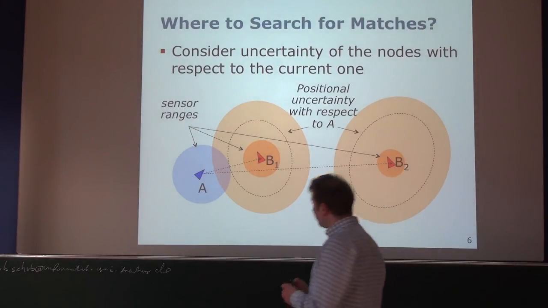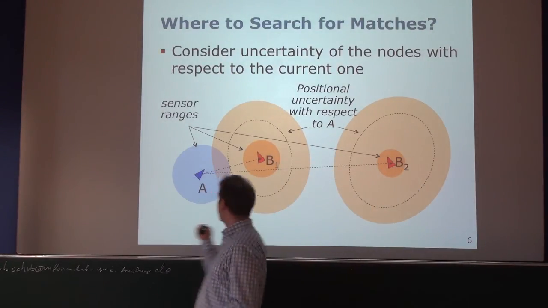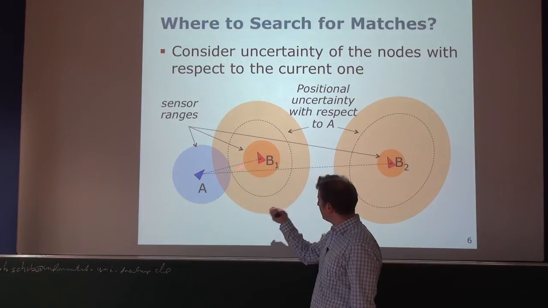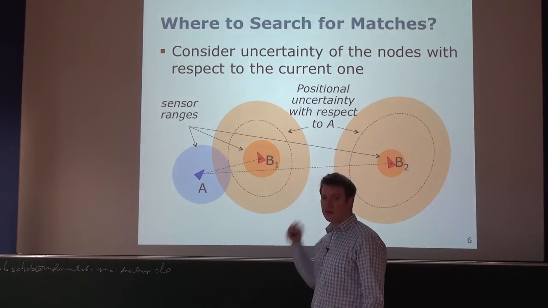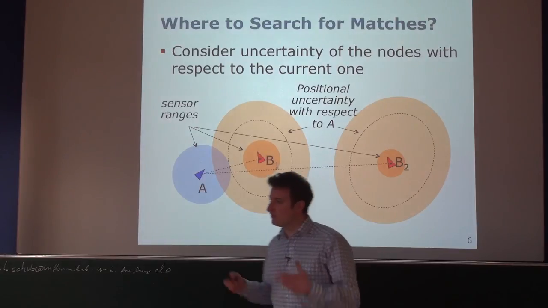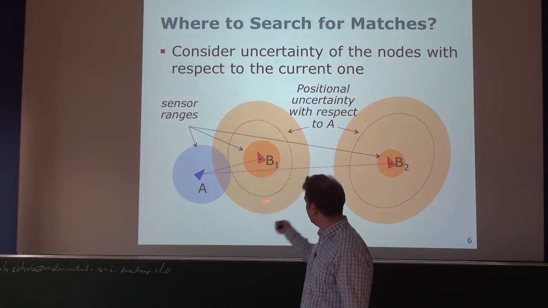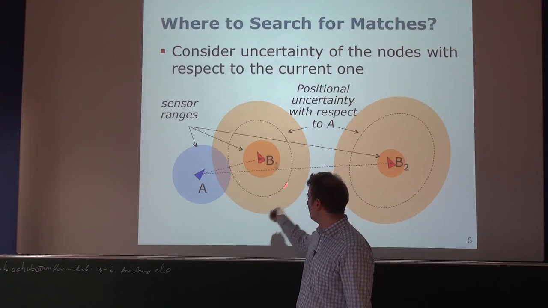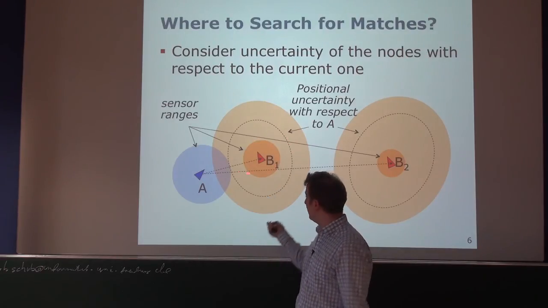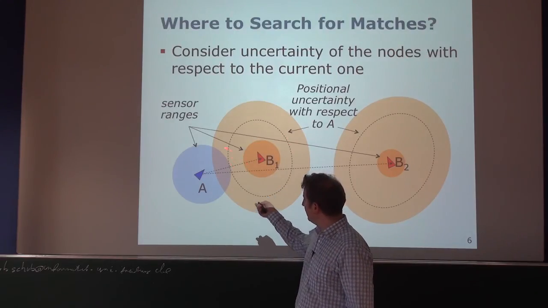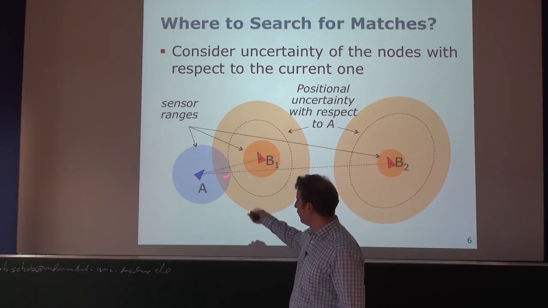If I find places for which this holds, and this is the case for B1, because if the robot in reality was sitting here, and let's say these are a 2 sigma bound, then you can say with 95% probability B1 sits in this ellipse. If it was sitting here, this was a sensor range, so there's an overlap in the sensor range.